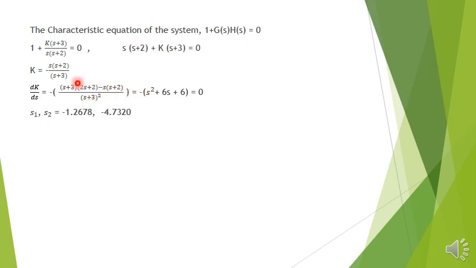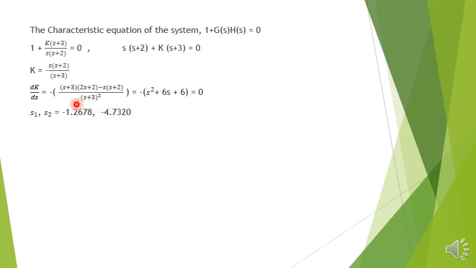The expression becomes 0 only when the numerator is 0, that is s² + 6s + 6 = 0. By solving this, we will get the roots s1 and s2 as -1.2678 and -4.7320.